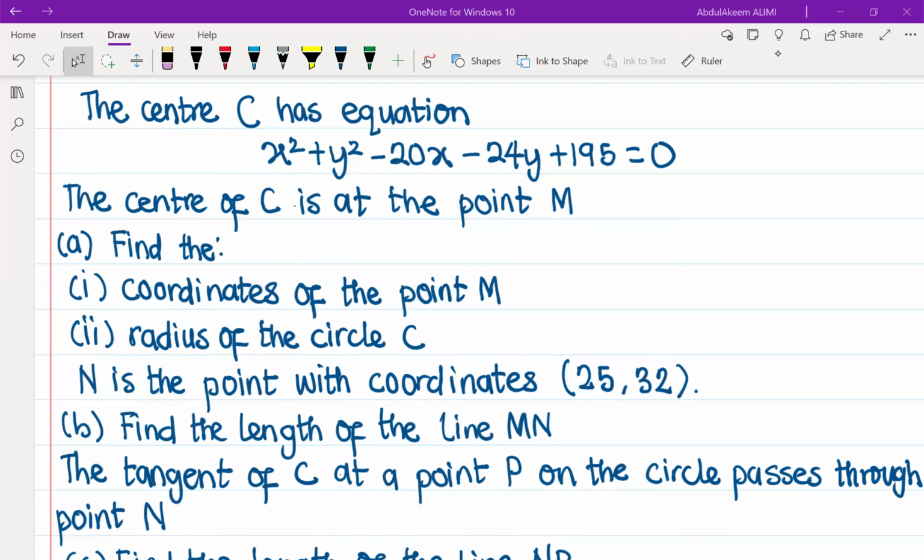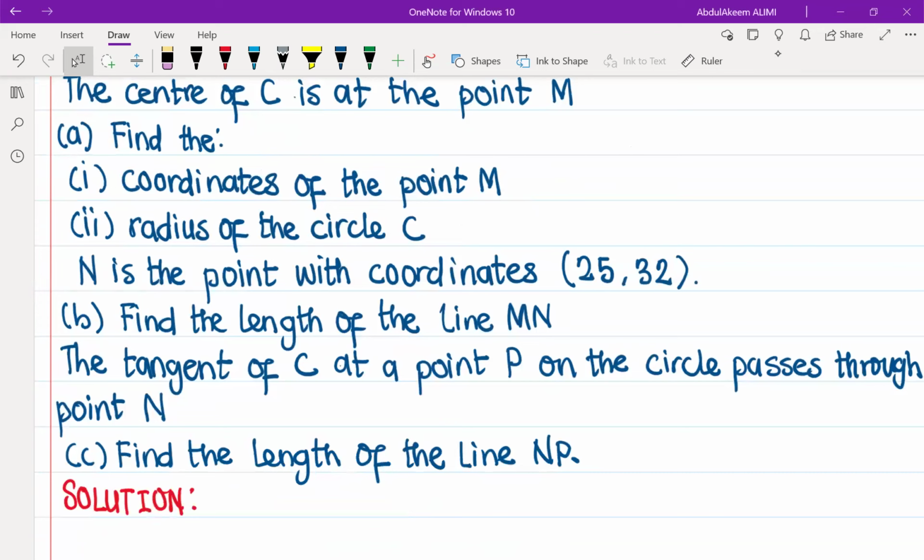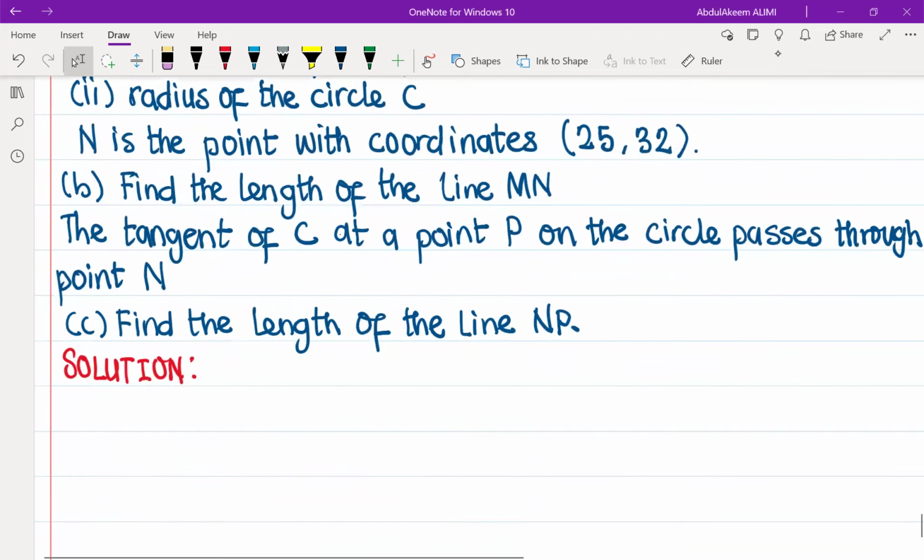The center of C is at the point M. A, find (i) the coordinates of the point M, (ii) the radius of the circle C. The next line: N is a point with coordinates (25, 32). B, find the length of the line MN. The tangent of C at the point P on the circle passes through point N. C, find the length of the line NP.